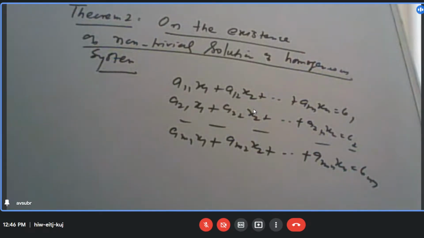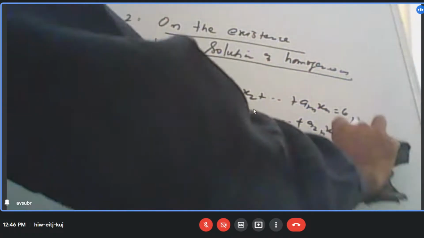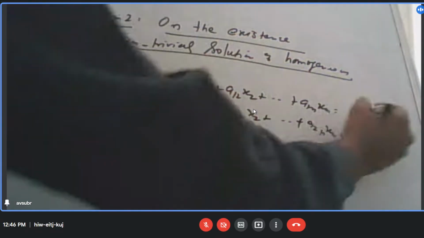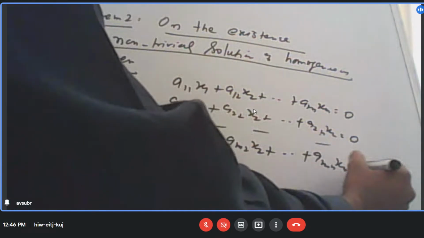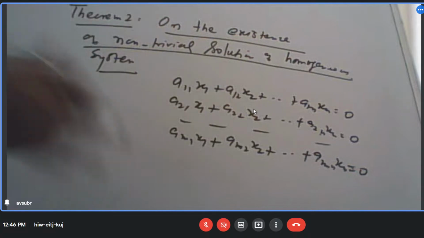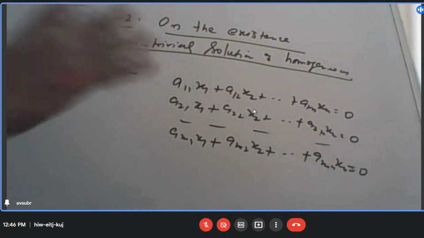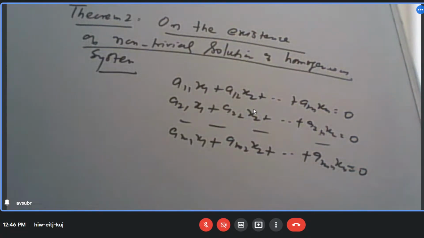Okay, m equations, so let us take m. Wherever bn is there, you can make it bm. Right? Now b1 and b2, sorry, b is not needed. Sorry, I forgot. This should be equal to 0. It is a homogeneous system, isn't it? So this should be equal to 0. Please put 0 everywhere.